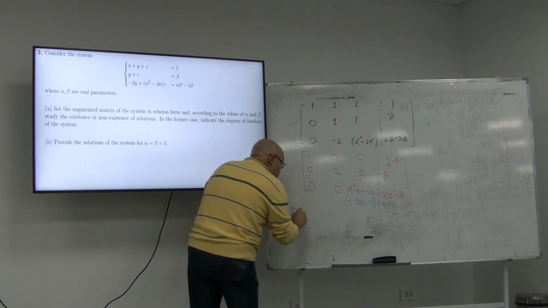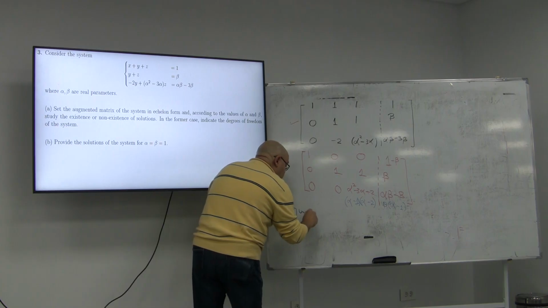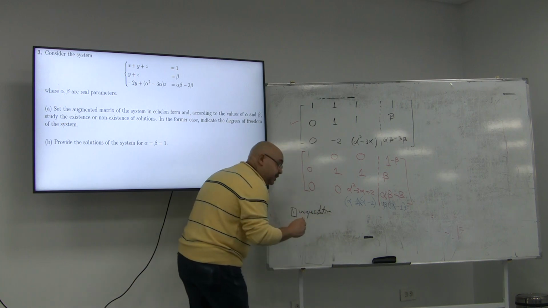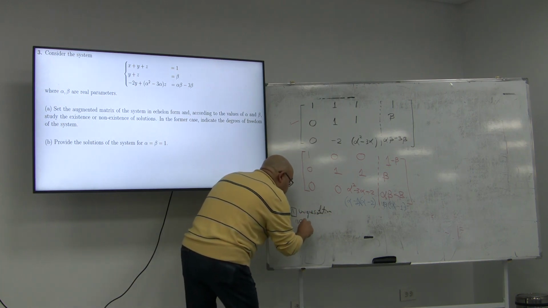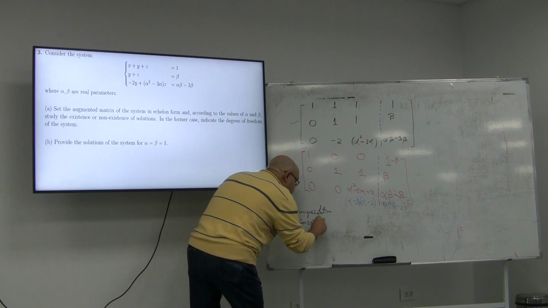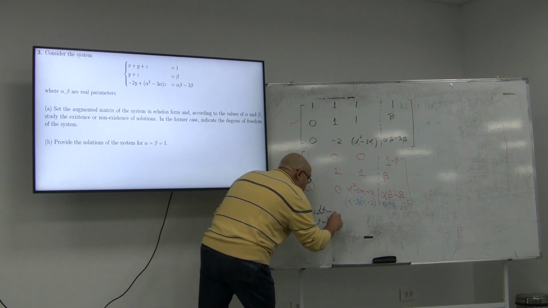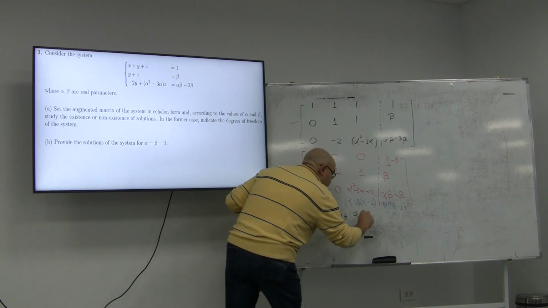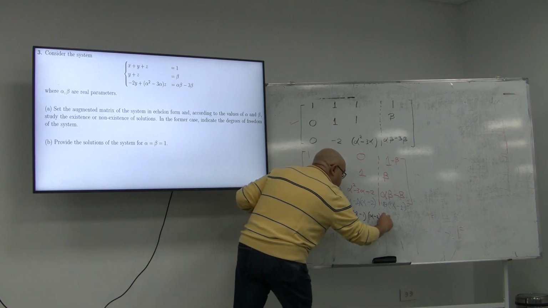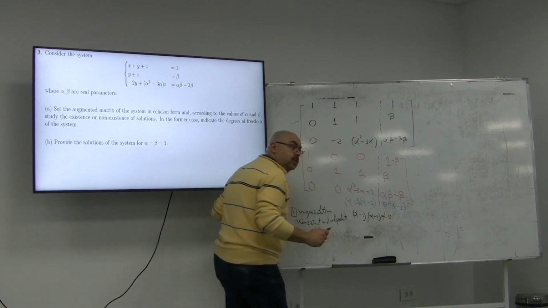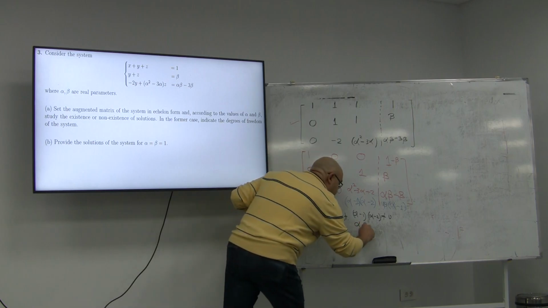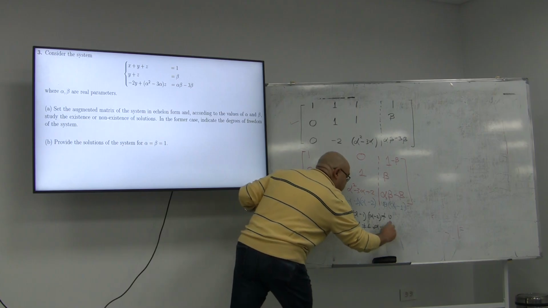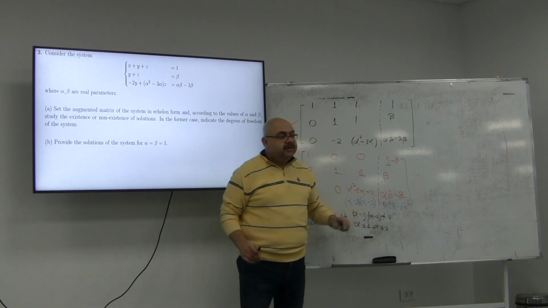Number one, to have a unique solution, which means the system is consistent and independent, the value of alpha minus 1 times alpha minus 2 shouldn't equal 0, which means that alpha shouldn't equal positive 1 and alpha shouldn't equal positive 2, regardless of the value of beta.